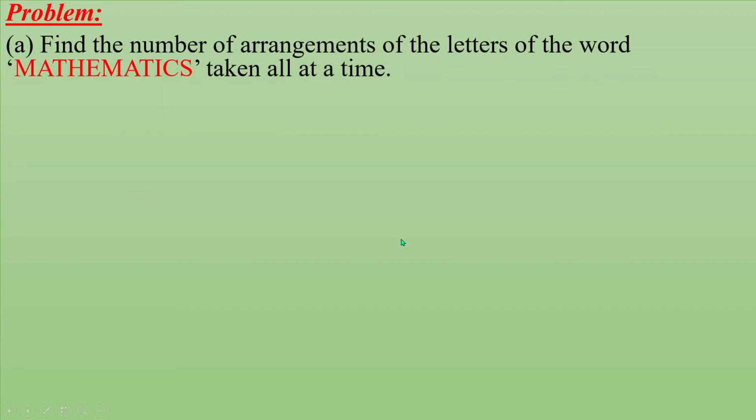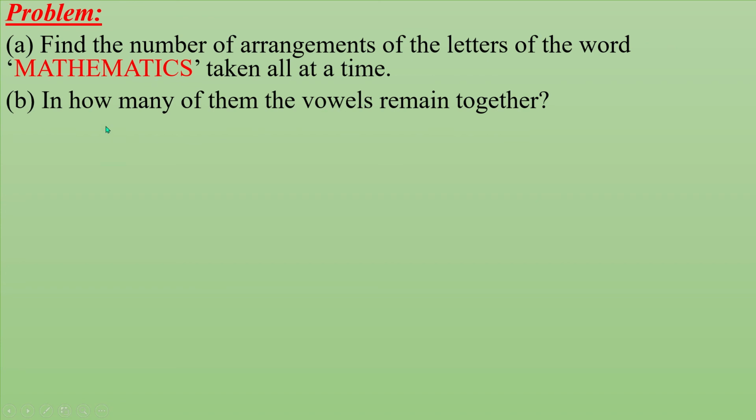Clear? Now problem 2. A number, find the number of arrangements of the letters of the word MATHEMATICS taken all at a time. Okay, and B number, in how many of them do the vowels remain together?